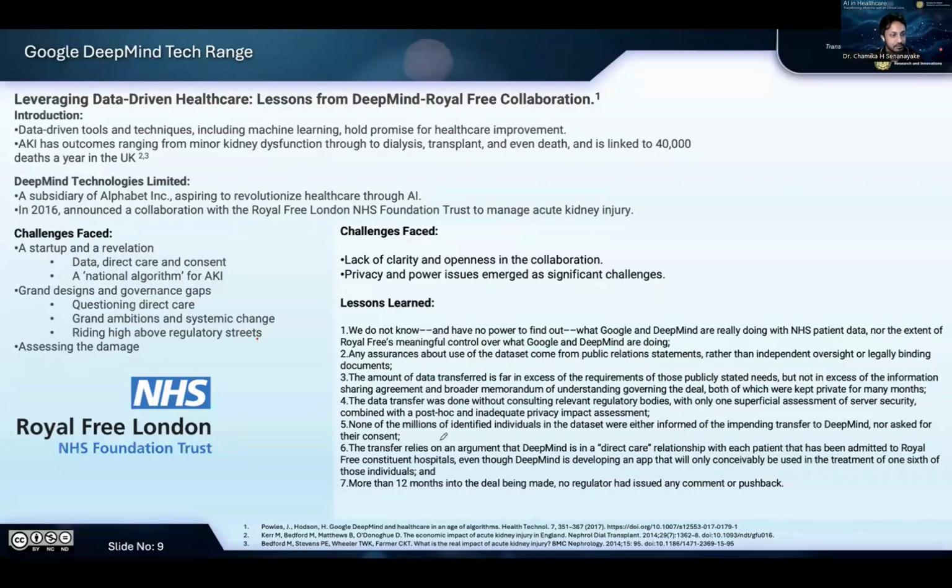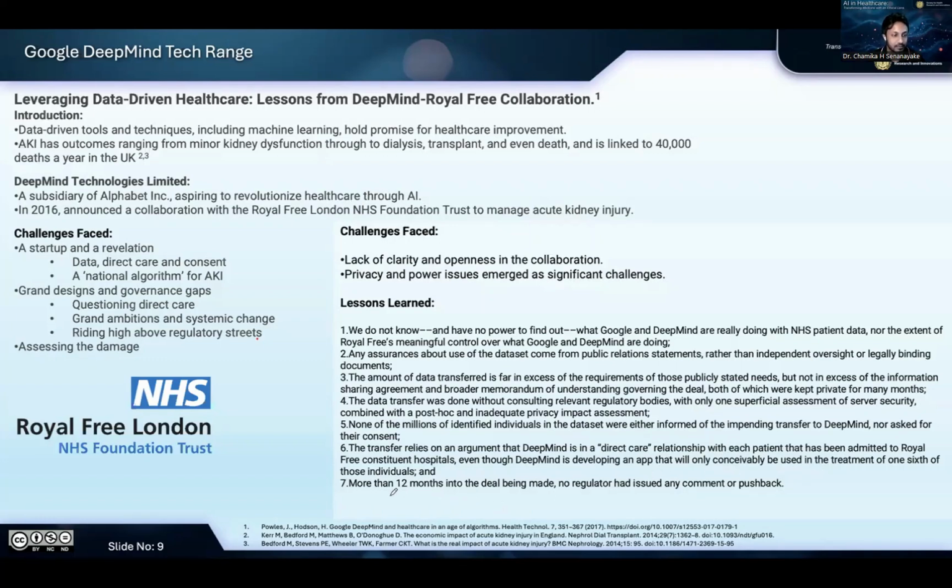And none of the millions of identified individuals in the dataset were either informed of the impending transfer to DeepMind nor asked their consent. That was one of even NHS. It happens. And the transfer relies on the argument that DeepMind has a direct care relationship with each patient that has been admitted to the Royal Free's hospitals, even though DeepMind is developing an app that will only be considered for the treatment of one sixth of the individuals.